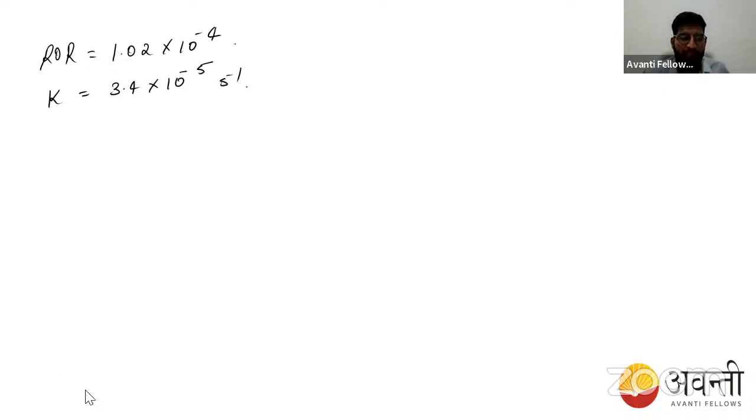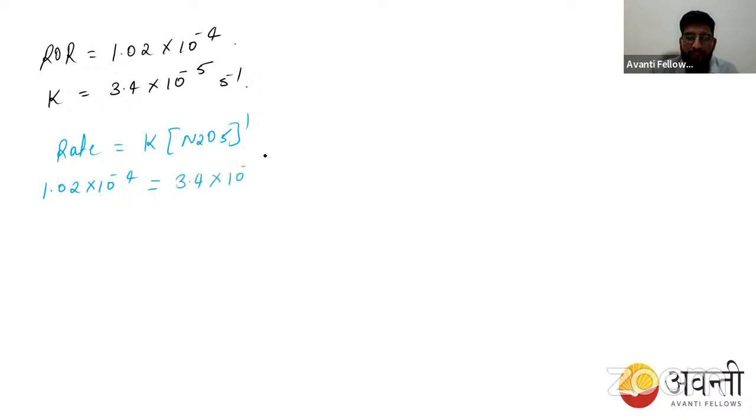So if I say this is a first order reaction, I can write the rate of reaction is equal to K into the concentration of N2O5 to the power 1, because this is a first order reaction. I know that the first order reaction has a unit second inverse. The rate of the reaction is 1.02 into 10 to the power minus 4, and the rate constant is 3.4 into 10 to the power minus 5.